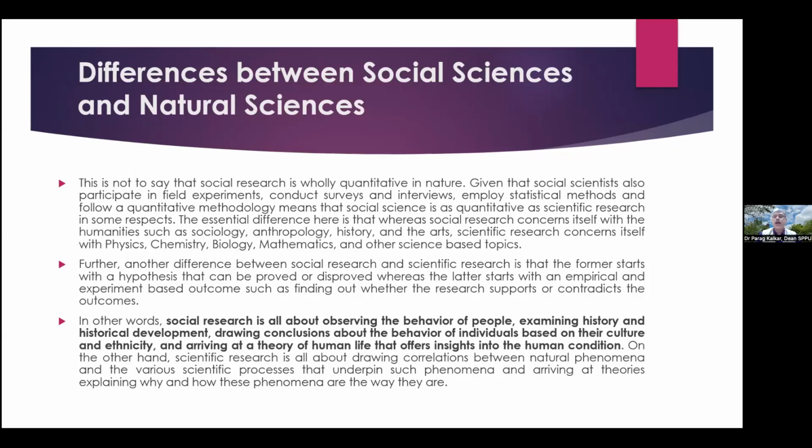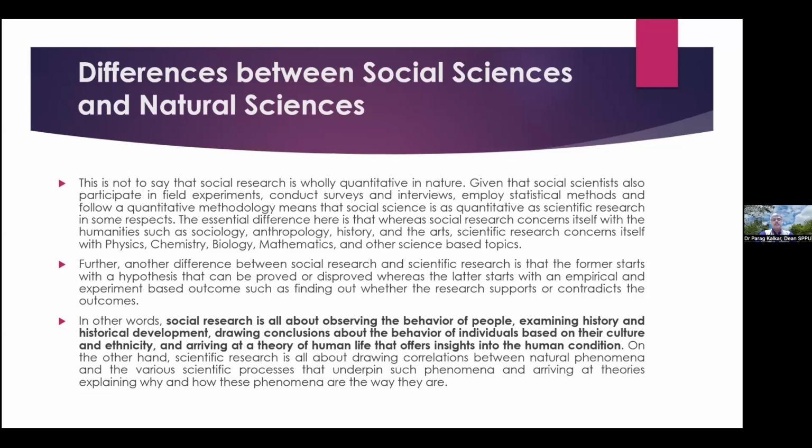It means social science is quantitative like scientific science, in the same respects. The essential difference is that whereas social research concerns itself with the humanities such as psychology, anthropology, history, and art, scientific research concerns itself with physics, chemistry, biology, and other science-based topics.